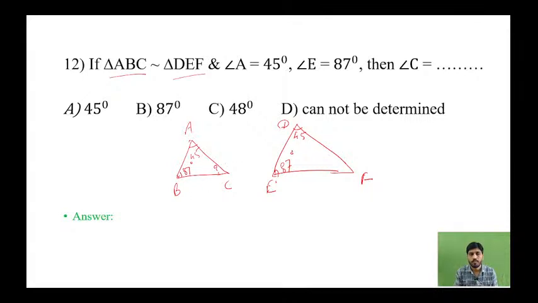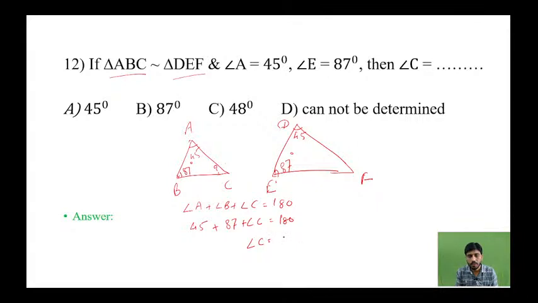angle C. So we know angle A plus angle B plus angle C, this addition will be 180. Angle A is given, that is 45. Angle B is also given, that is 87, plus angle C will be 180.